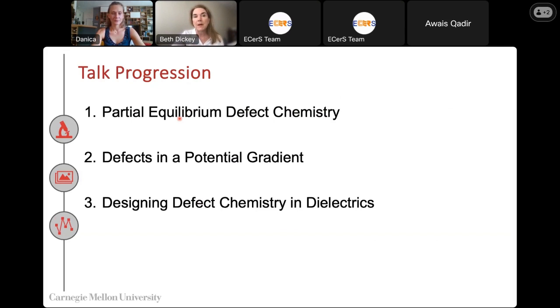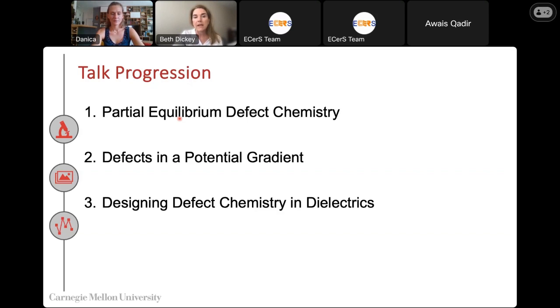And then we'll talk about defects and potential gradients. As we put these materials in a device configuration and there's an applied voltage across the material, there's a driving force for defects to move. And we'll talk about the implications of that.